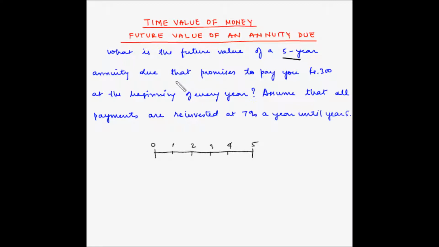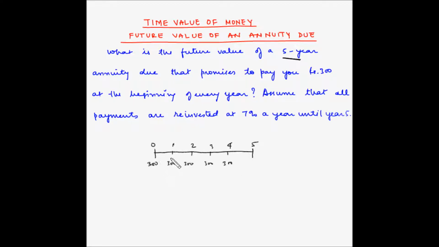Now this is an annuity due that promises to pay you rupees 300 at the beginning of every year. So this is the beginning of the first year, so we are getting 300 rupees. Beginning of second year, we are getting 300 rupees. Beginning of third year, 300 rupees. Beginning of fourth year, again 300, and beginning of fifth year, again 300 rupees.